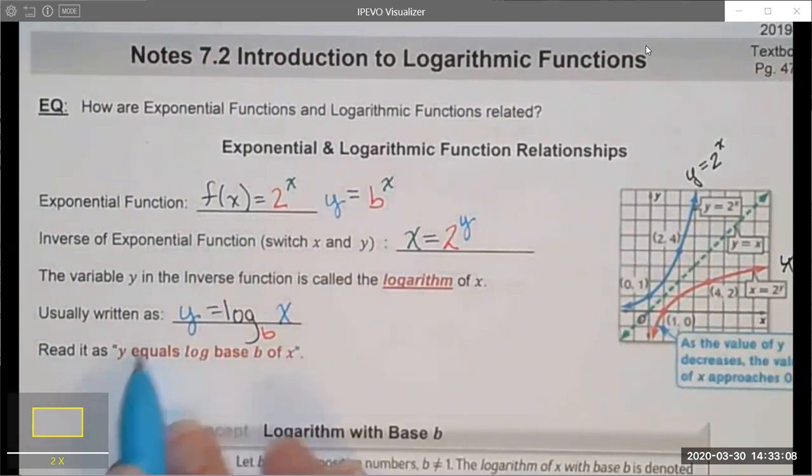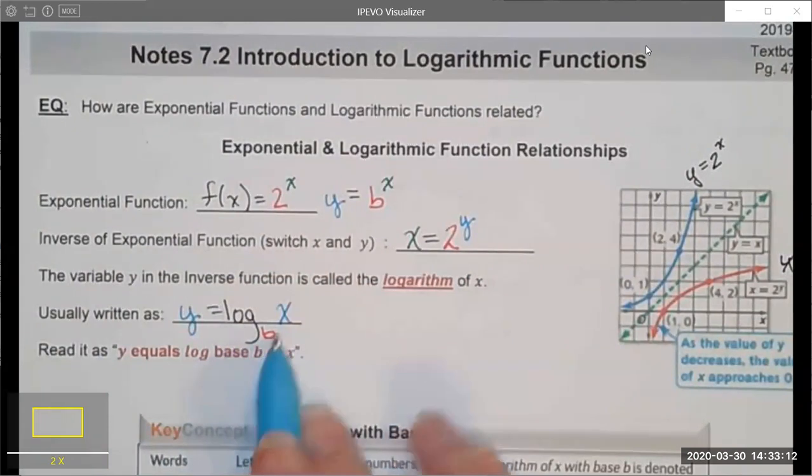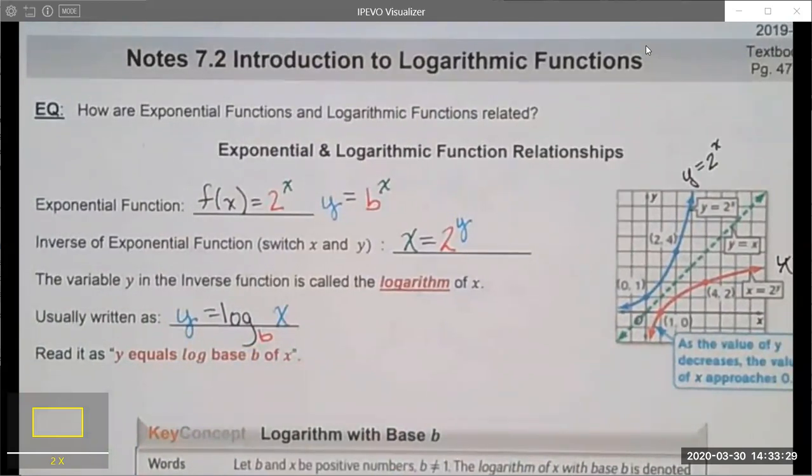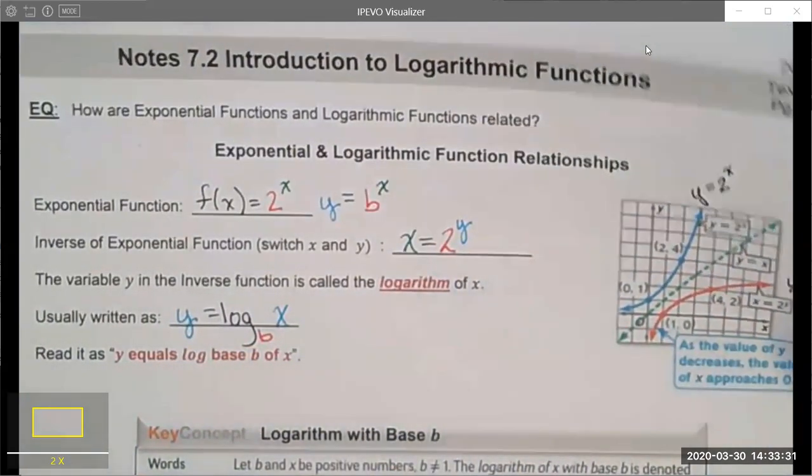So this notation can be read by saying y equals log base b of x. And it's just a fancy way of saying that we can find the exponent to which something, the base, must be raised in order to generate a number x. Okay, so that's what a logarithm is in generic terms.